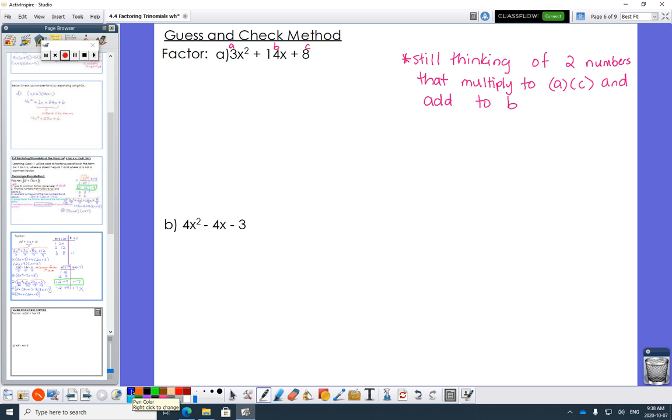So the big thing with this method is you must check. Okay, so you have to check using FOIL.